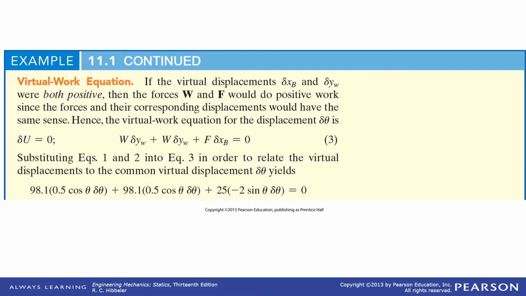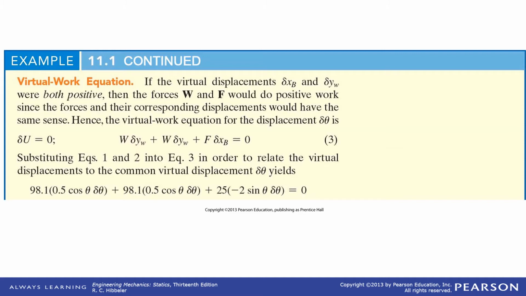Okay, so what we get in this equation, delta U has to equal 0. So weight times delta y, that's the weight of each link times delta y, weight of each link times delta y. Force times delta x, the applied force, 25 newtons.